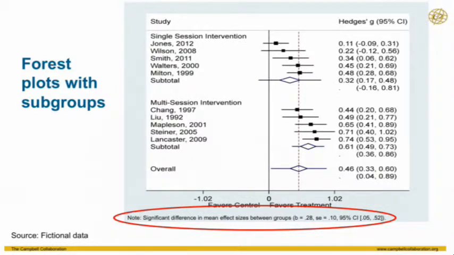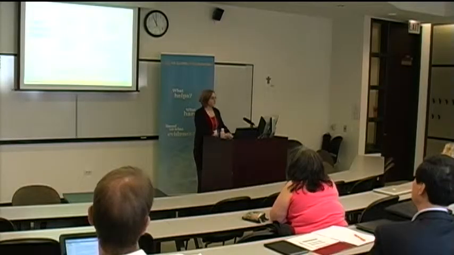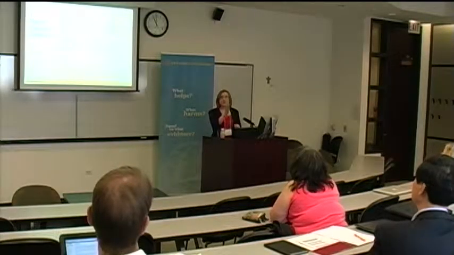Yes? I want to be sure, if you look at the subgroups, are the effect sizes significantly different? Right. The question is, if you look at the subgroups, are they significantly different? I can see situations where you may not be interested in comparing those two subgroups, but in a lot of Campbell reviews, you are interested in comparing them.